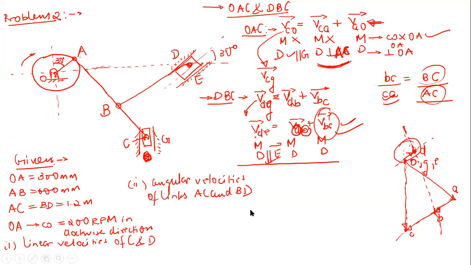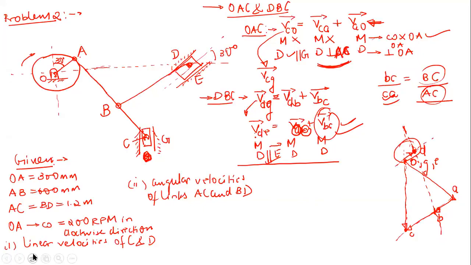So the linear velocity of C, that is the VC vector, is simply equal to OC vector. And the linear velocity of D, the VD vector, is simply equal to what?